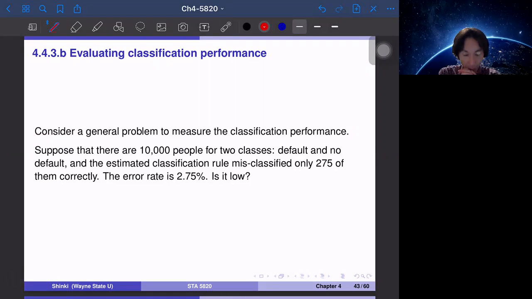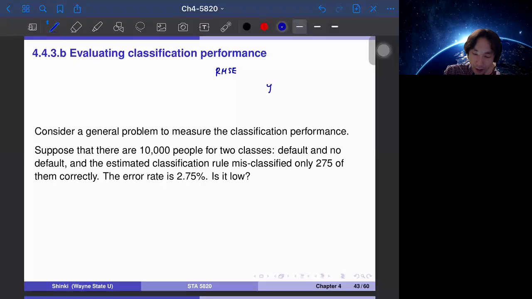And the next section is evaluating classification performance. For the regression problem, we can compare the sum of squared errors, often RMSE, root mean squared error.